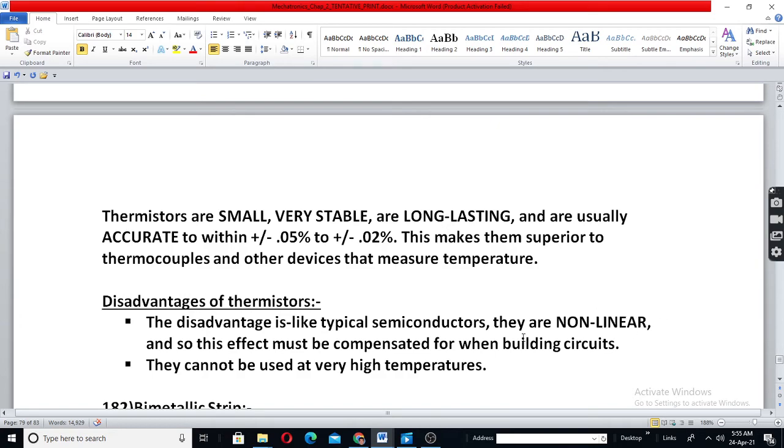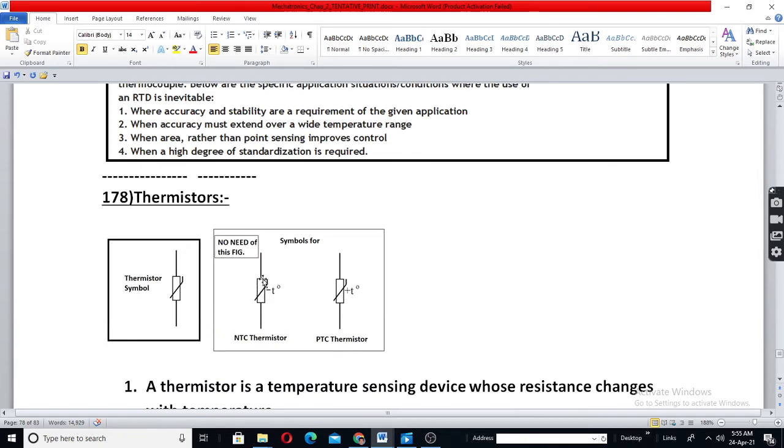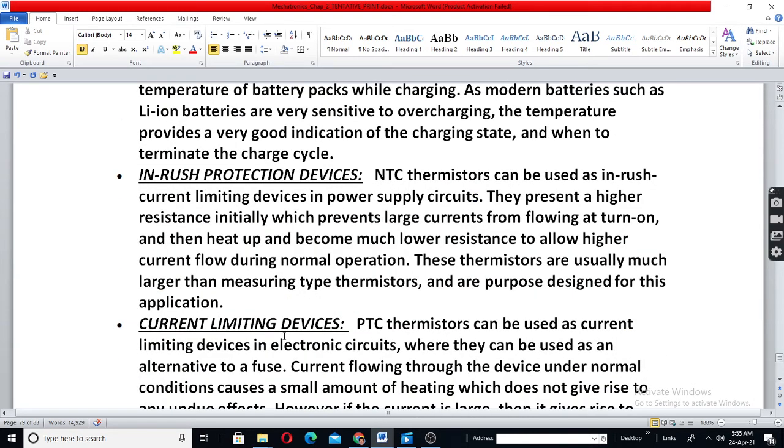Some thermistors, say, if it has a resistance of say 1000 ohms at 30 degrees centigrade, at some 200 degrees centigrade it will reduce to 4 ohms, but it will not be linear. It will decrease very slowly till say 100 degrees, only from say 200 ohms to something like 150 ohms. Then it will suddenly reduce. You can search Google and see the graph.